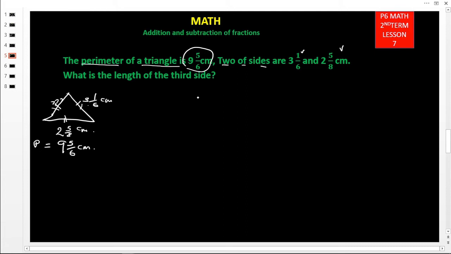Now to get this perimeter, what did they do? This is what was done. So the perimeter is equal to a side plus a side plus a side. Are you seeing that, my learner?